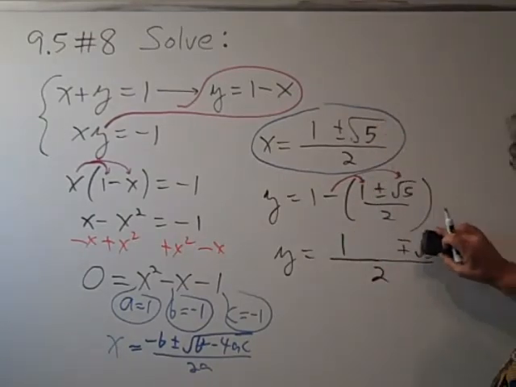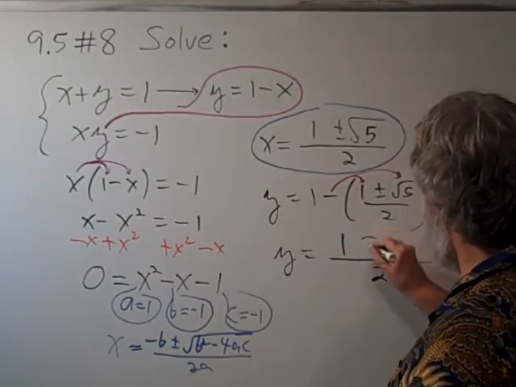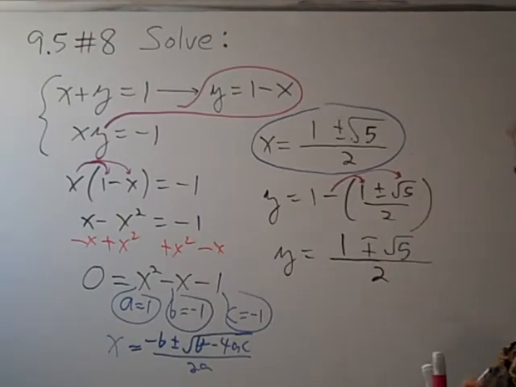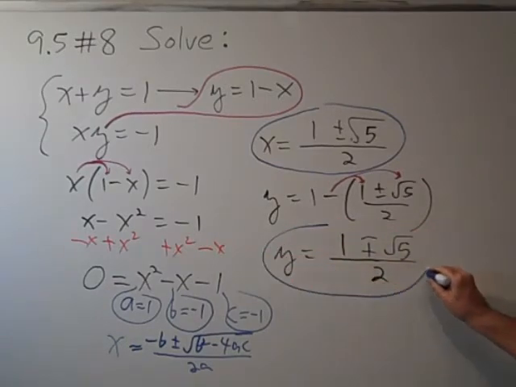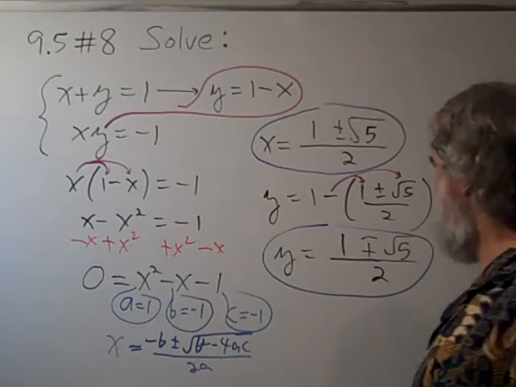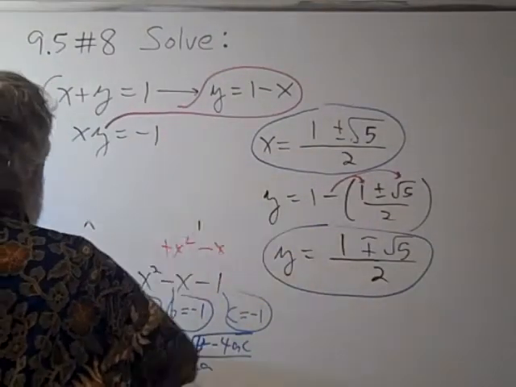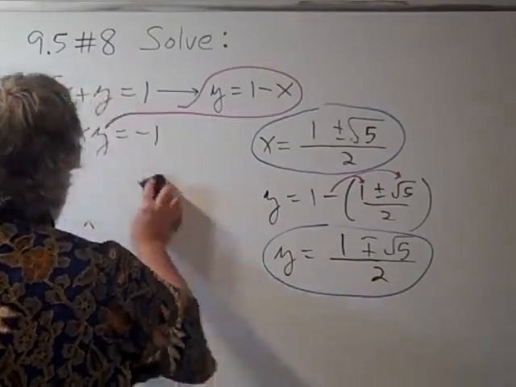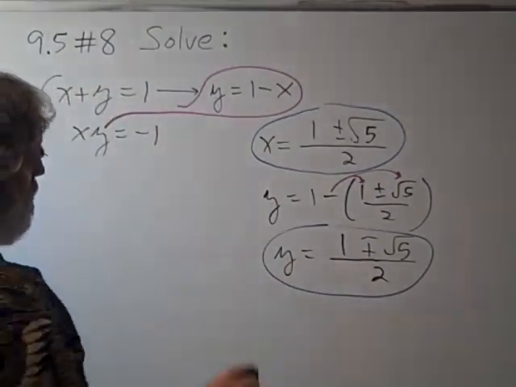So we have 1 minus or plus the square root of 5 divided by 2. And again, if we choose the plus for x, we have to choose then the minus for y, and vice versa.